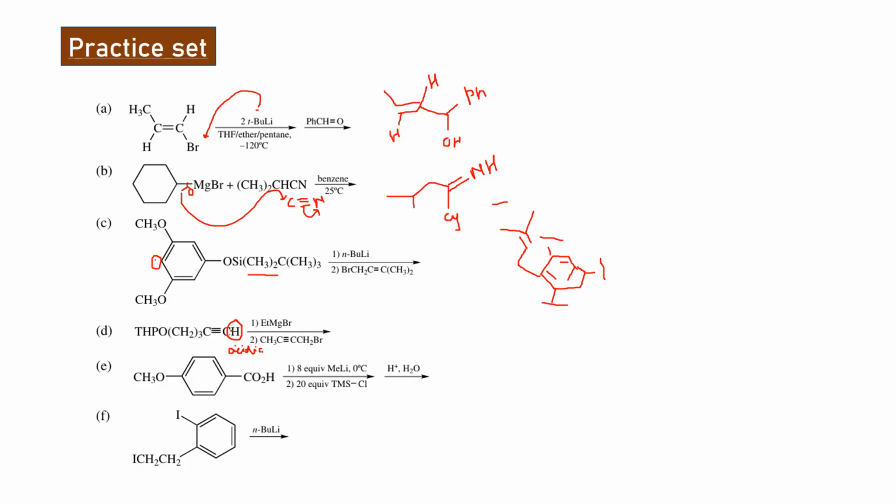So this EtMgBr will take a proton from this position, generating a negative charge here, and this negative charge will attack this carbon center, removing this bromine from the compound. So it will generate this type of dialkyne species.